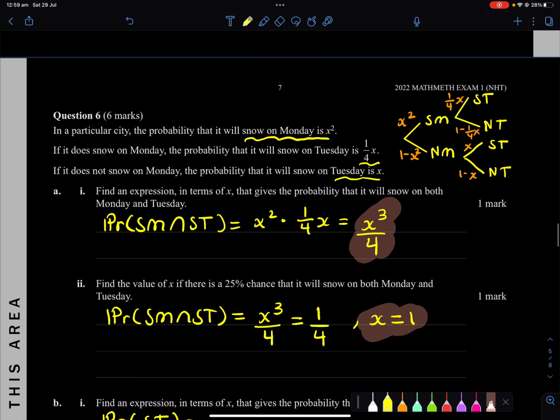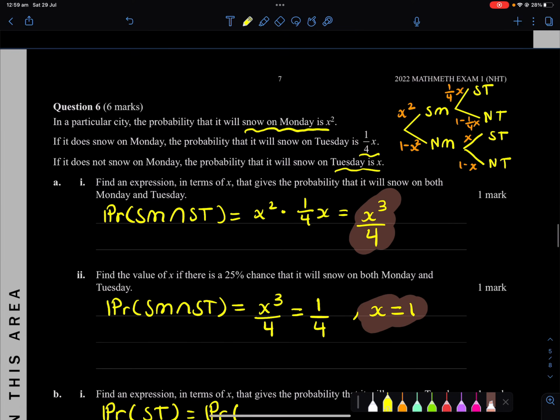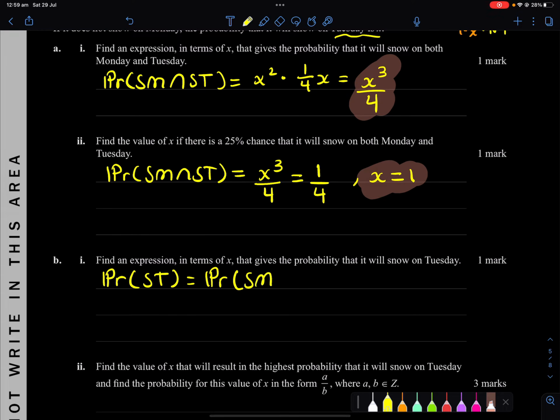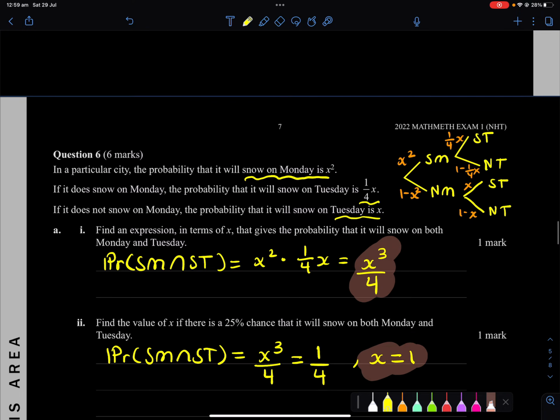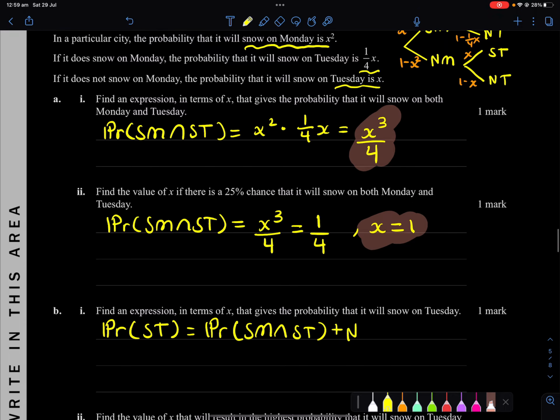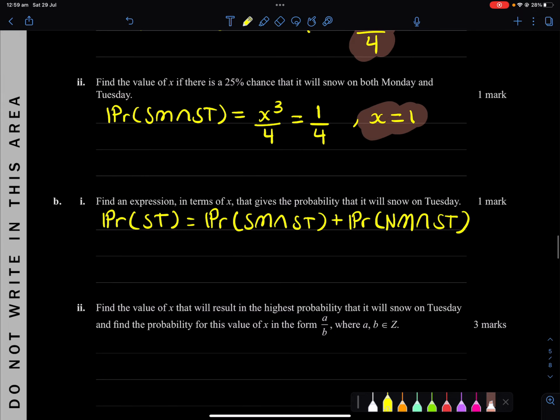That will include the probability of SM intersection ST plus the probability of NM intersection ST, so snow on Tuesday.